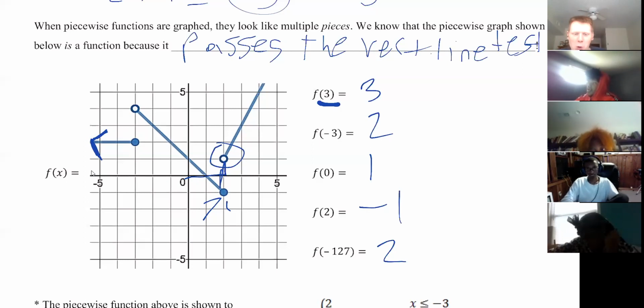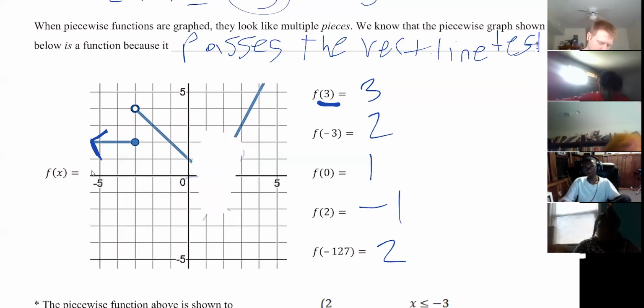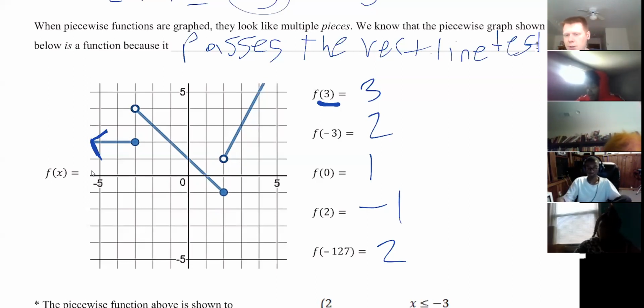One thing to be aware of, though: if you have a gap on your graph, a gap of space, and you went to look at f of something and there were no values, it is possible to have undefined. Not every function is going to be defined for every value.